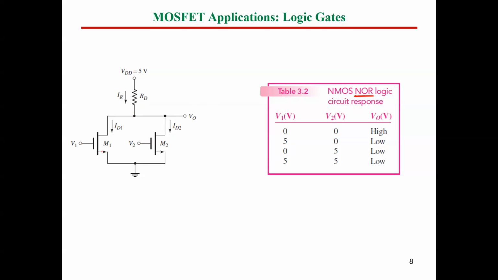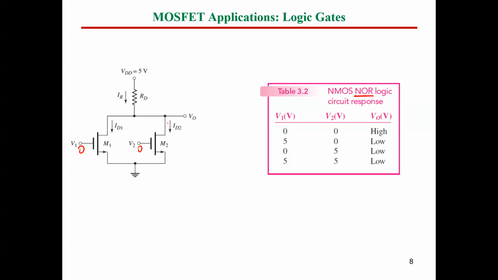So now at the MOSFET, if we have 0 volt here, this means we have VGS equals 0, which for sure would be in cutoff mode. And if we have 0 here also, this is again cutoff mode. So with cutoff mode and cutoff mode, the currents here would be 0.